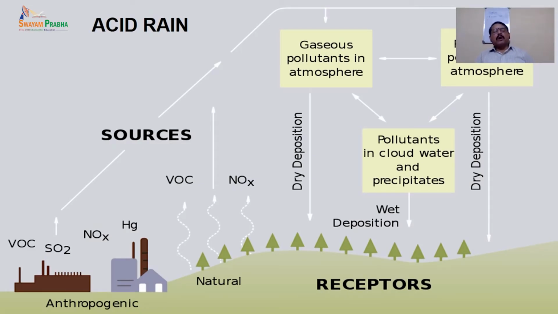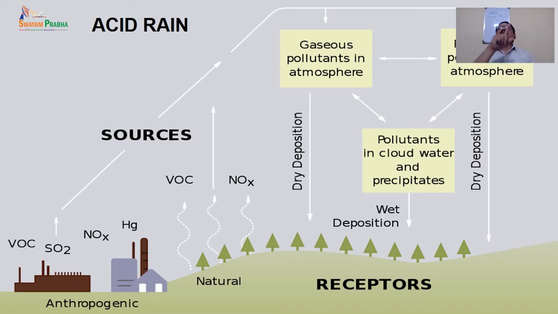Now if you look at the anthropogenic and natural sources, VOC, volatile organic carbons, oxides of sulfur, NOx, oxides of nitrogen, and mercury are all released as gaseous pollutants from industry and also from natural sources.